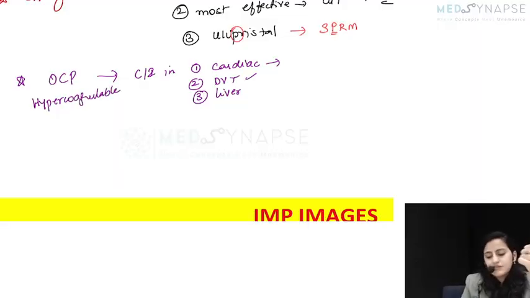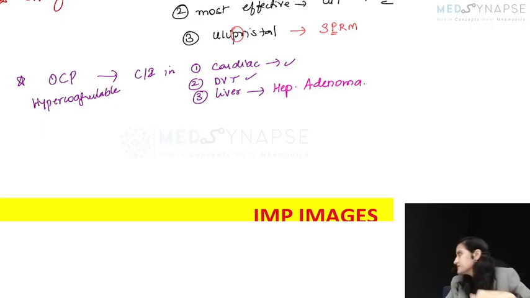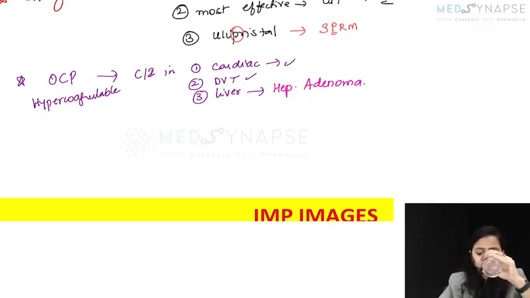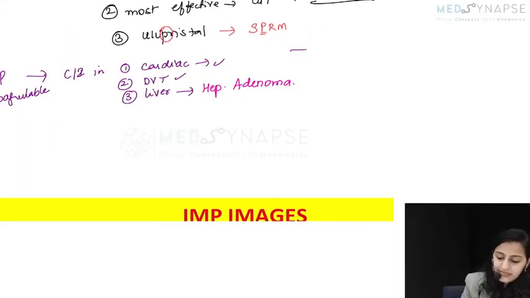So not in DVT, not in cardiac, thrombosis नहीं चाहिए, liver में भी नहीं, क्योंकि OC pills liver में कौन से ट्यूमर एसोसिएटेड है? Hepatic adenoma. So basically in these you can use IUD.